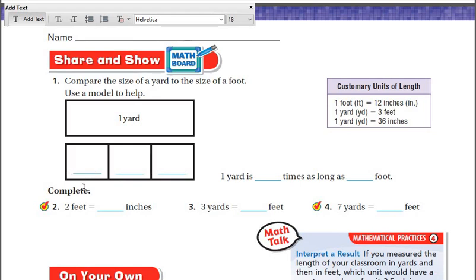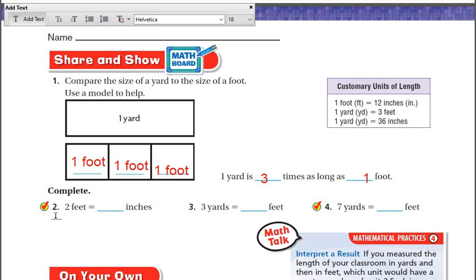Each square equals 1 foot, then 1 foot again, and the third one. So 1 yard is 3 times as long as 1 foot. Each 1 yard consists of 3 feet.